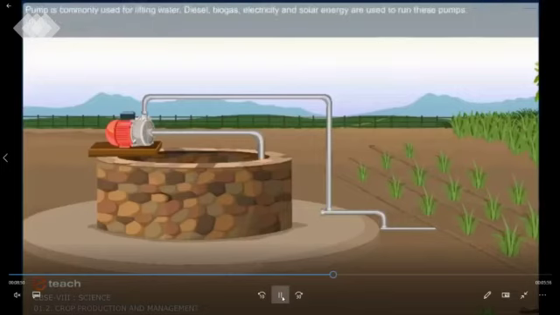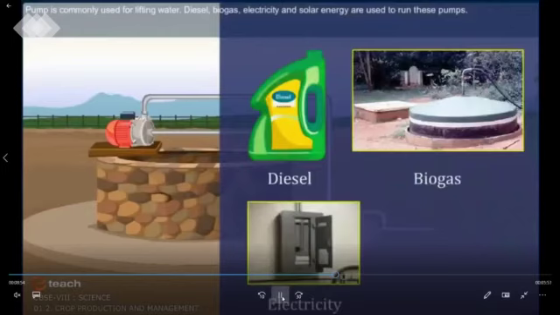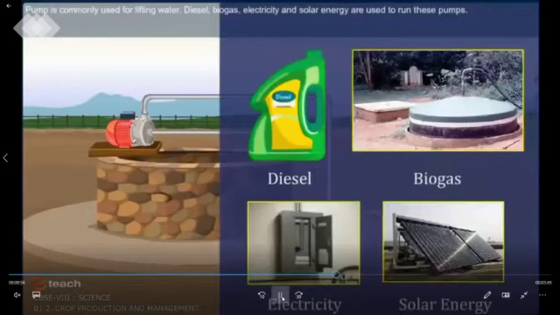In modern irrigation systems, the farmer uses the help of a motor to pull out the water from the natural sources of water, and he runs the motor with the help of diesel, biogas, electricity, or solar energy. And he can use water economically, and wastage of water can be reduced in modern irrigation systems.